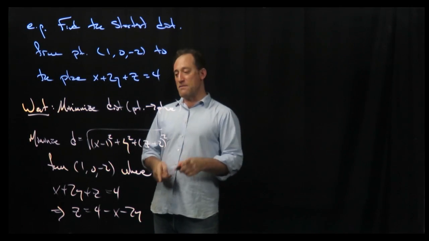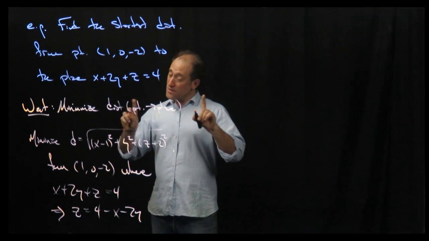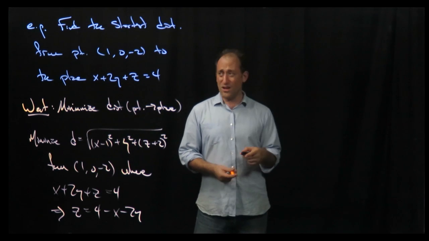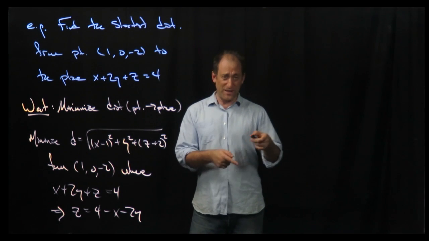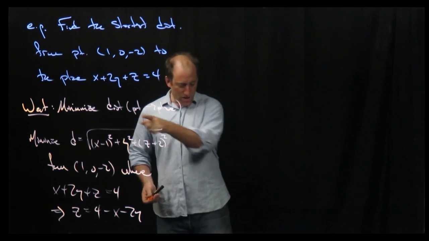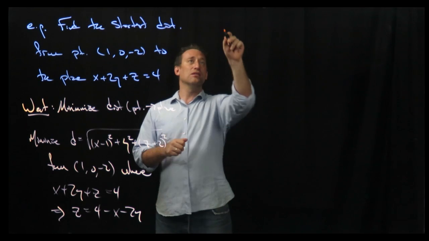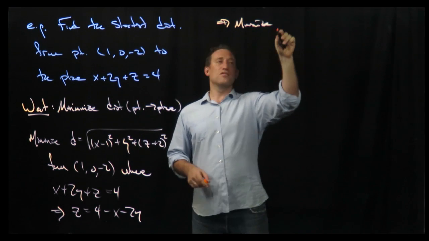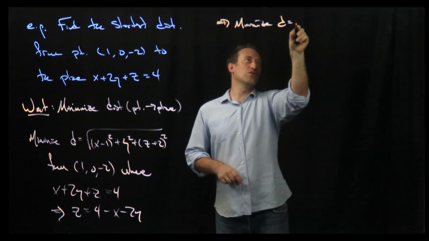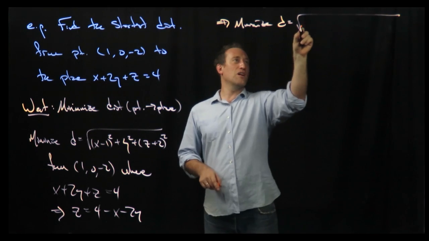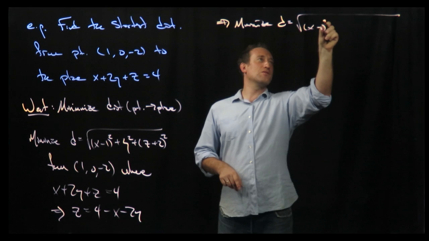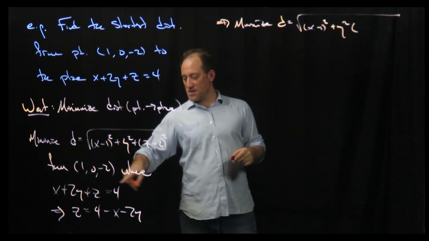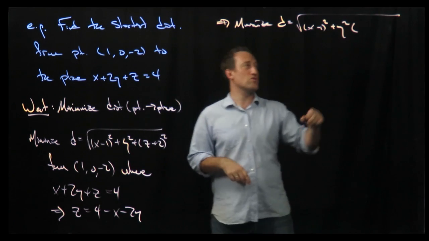So I'm looking to minimize distance from a point, and the phrasing here is very exact, subject to this additional condition. I'm going to bring that right into the next and final section for the class. So that means that I want to minimize the function d is equal to the square root of x minus 1 squared plus y squared, but the z can be called 4 minus x minus 2y.